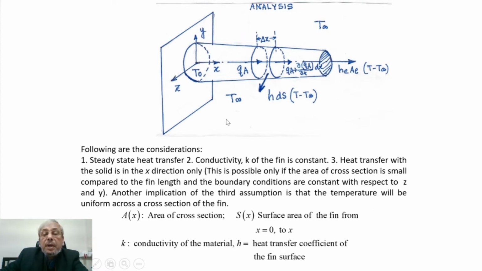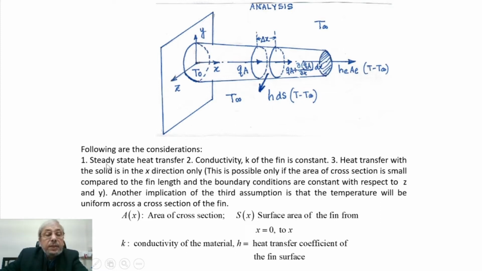For example, for high speed flows which are flowing in cross flow over this object, the effective h on this surface and the effective h on this surface may be different, but in case of quiescent fluid, it is expected to be the same.